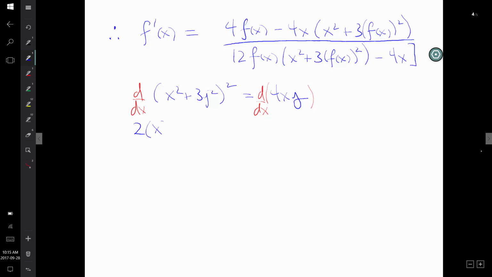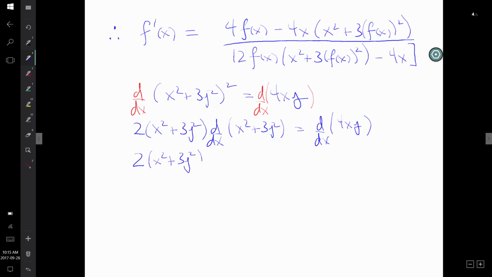So 2 times x squared plus 3y squared times the derivative of the inside. Okay? X squared plus 3y squared, and save this derivative for the next step. And now let's take the derivatives we have left on both sides. X squared, 3y squared, and here I get 2x.